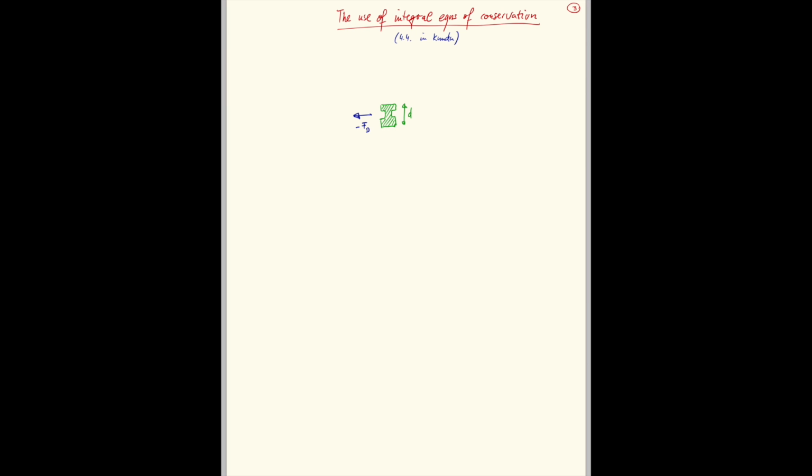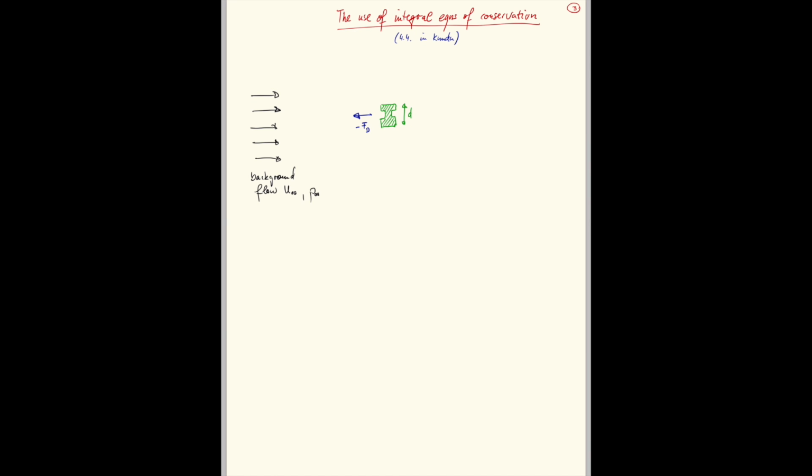So if we think of the drag force pushing against the fluid, it's minus Fd here. Far upstream of the flow, we have a uniform flow coming in. This is the background flow, U infinity at pressure P infinity.